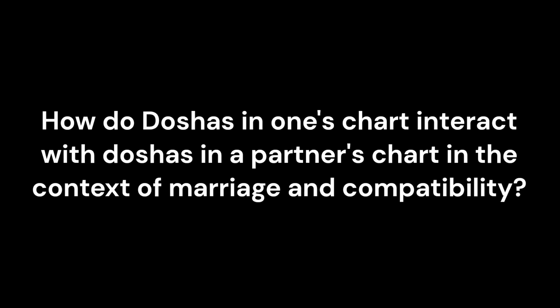Dasamsa talks about the profession, the career. Dwadasamsa talks about the native's relationship with his parents and grandparents. So the divisional charts talk about only one area of a human's life, whereas the natal chart talks about the entire human life, which is divided into 12 parts.